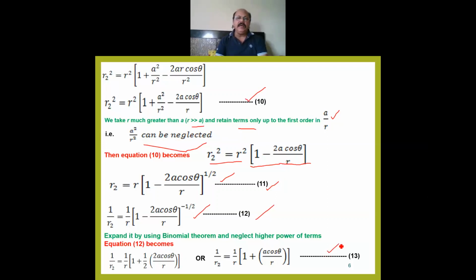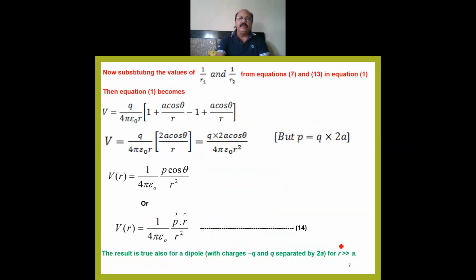Now you have calculated the value of 1 upon r1 and 1 upon r2. Now substitute these values in equation number 1. So substituting the value of 1 upon r1 and 1 upon r2 from equations 7 and 13 in equation 1, equation 1 becomes V equals Q upon 4 pi epsilon naught r, where r is common.